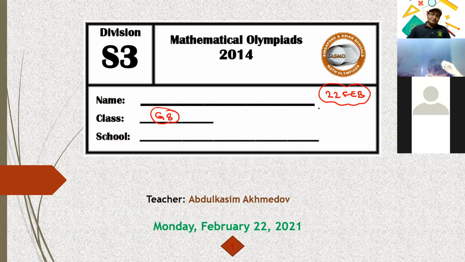Guys, let's continue. Musa, Daphne, Ibrahim, we are going to practice these questions, that is Sasmo from 2014 and S3. Once again, guys, if you practice similar questions, you get a better intuition about this type of question. As you practice more, you get better and better, and questions get easier and easier.